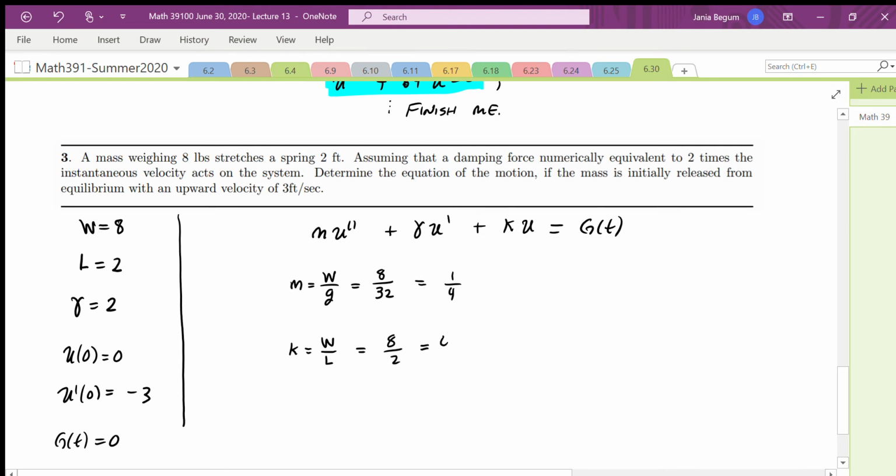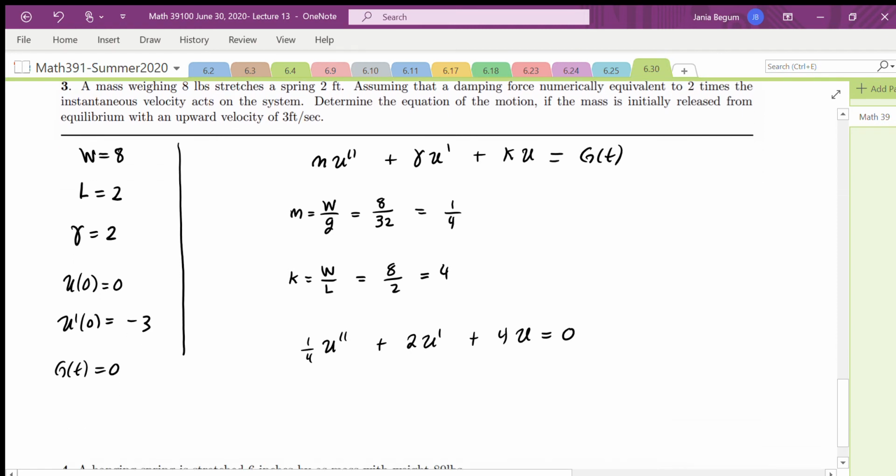So k is 4. Setting up the initial value problem, we have 1/4 u double prime plus gamma, that's 2, u prime plus k, that's 4, u equals 0.